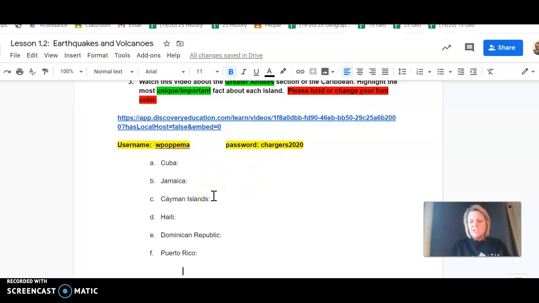This might look easy, but it's more difficult than you think, because what I'm asking you to do is just to write one fact about each one of these islands. But I want that fact to be what is unique and important about that place. So take all the details and pick what you think is the most important or unique to that area. So just one fact for each one of these places.